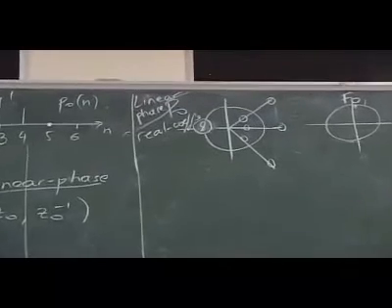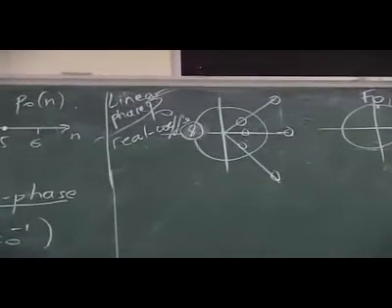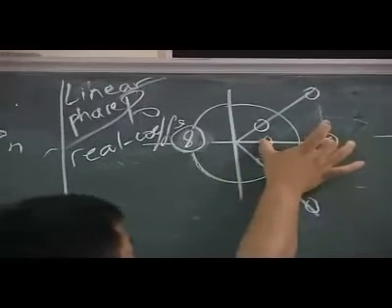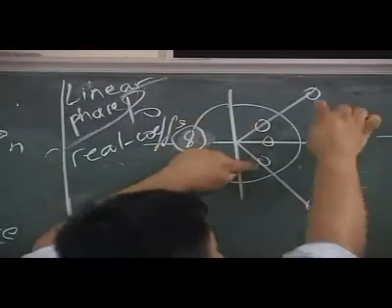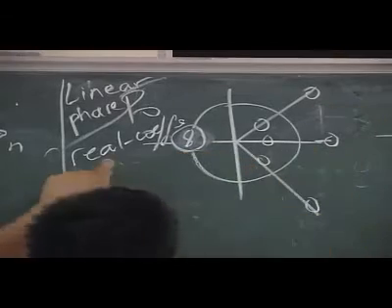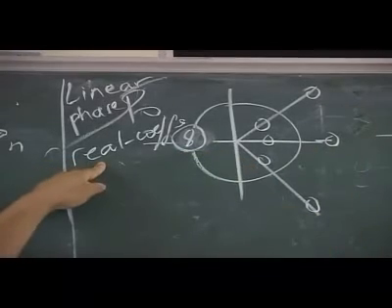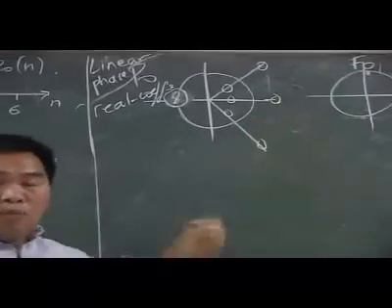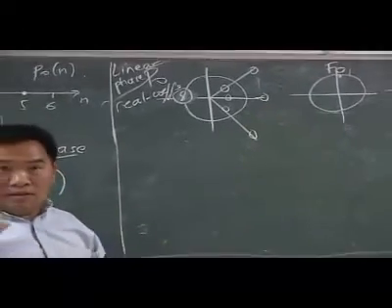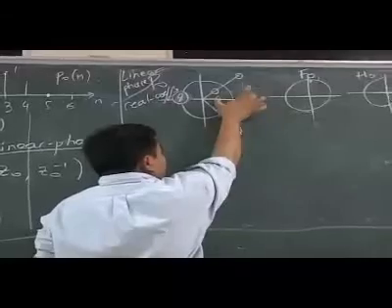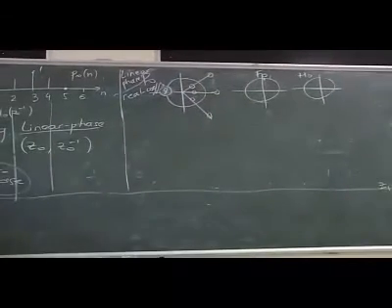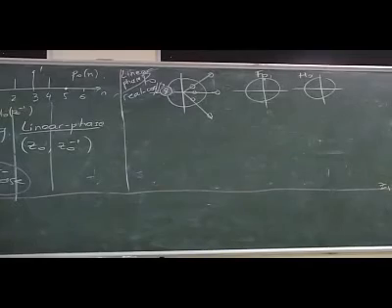Linear phase because there are 3 pairs of inverted zeros: this is 1, here is 2, and here is 3. Real coefficients because the zeros are either on the real axis or are complex conjugate pairs, right? Okay, all right.